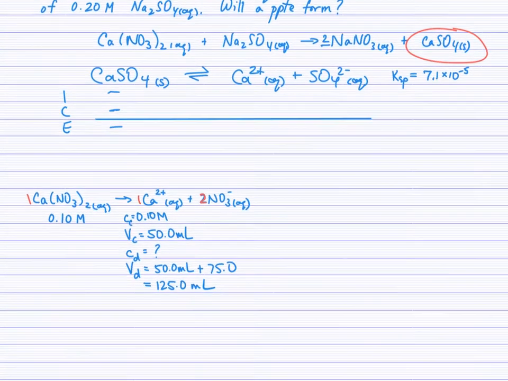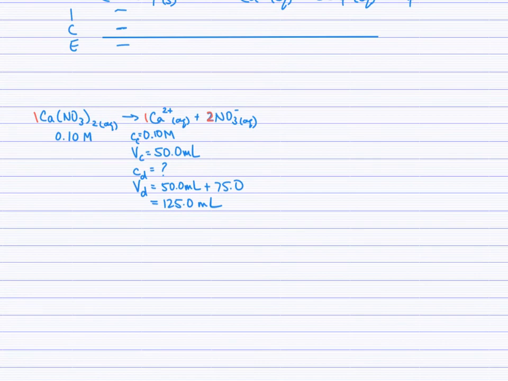And so I'm looking to calculate the concentration of the calcium ions after mixing, which refers to the concentration of the diluted solution. So I need to isolate CD, so I'll divide on both sides by VD, and I'm left with CD equals CCVC over VD. You'll notice that both volume units will cancel, therefore I'm going to leave those in milliliters.